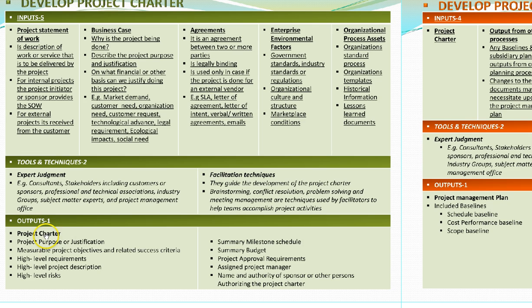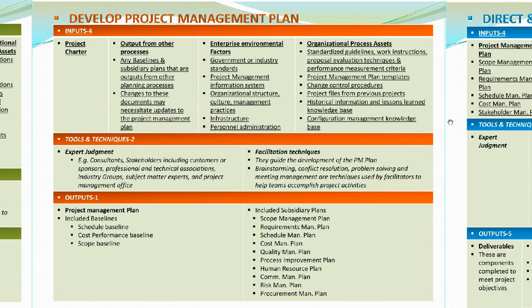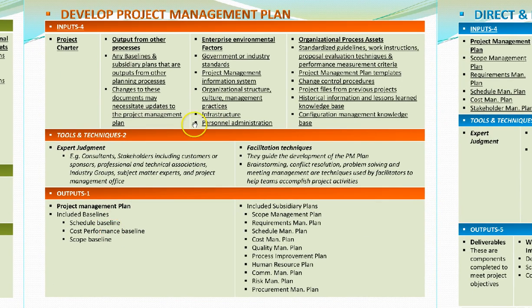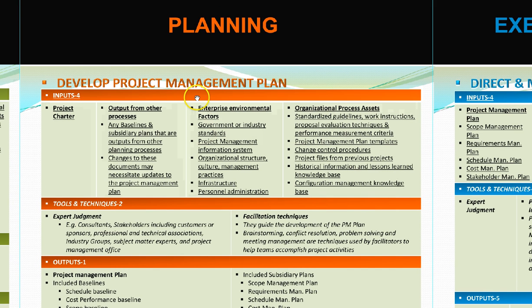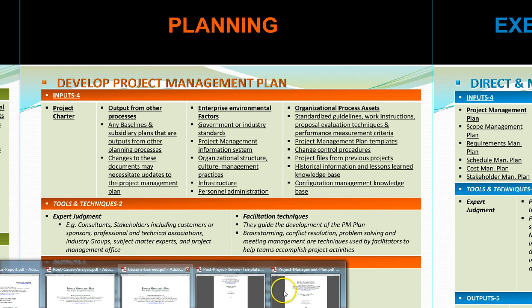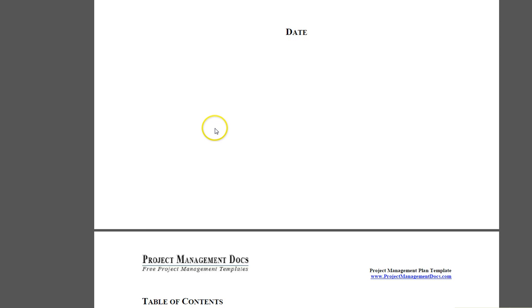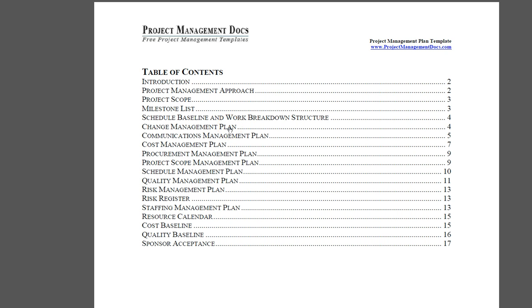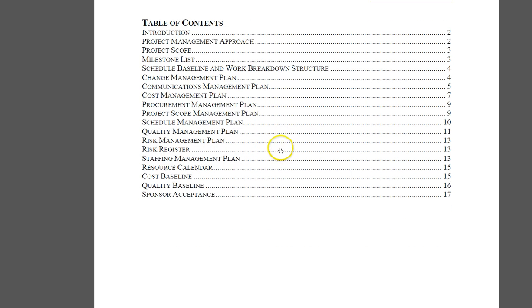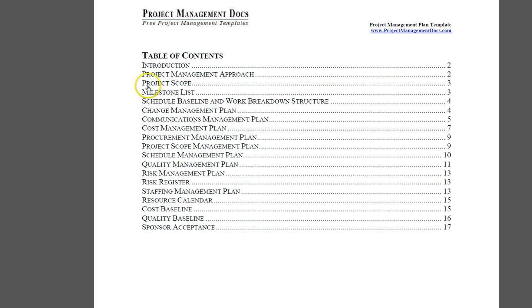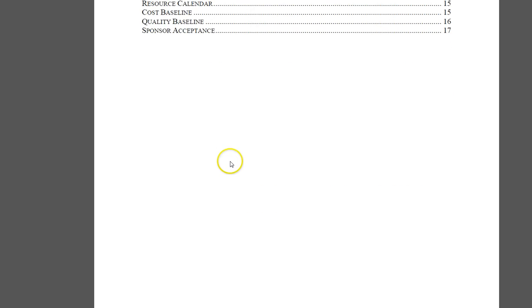Now the next one is the project management plan from the planning process group. So the project management plan is a detailed document which includes a lot of subsidiary plans that you see over here as well, but we are going to go through this really quick, and when we go in each chapter we are going to see the project plans for those specific knowledge areas.